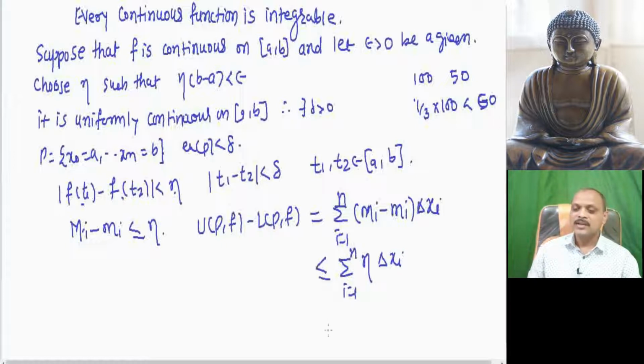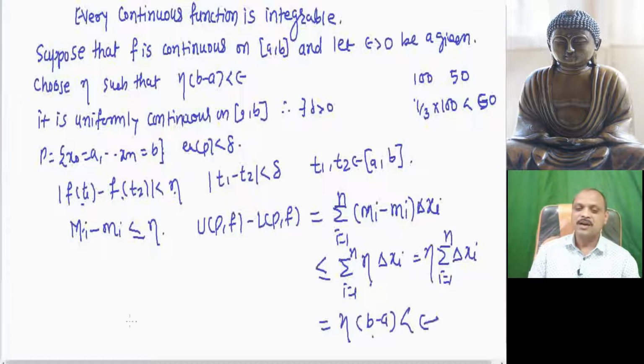Eta does not depend on the summation, so we can write eta into the summation of delta xi, and the summation of delta xi is b minus a, so eta into (b minus a), which is less than epsilon.